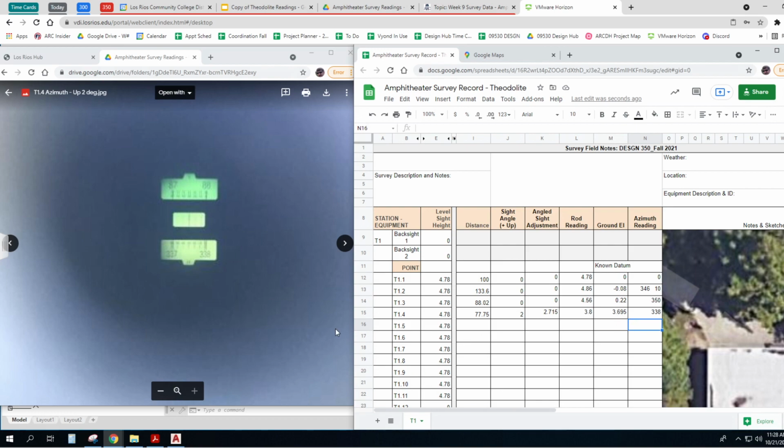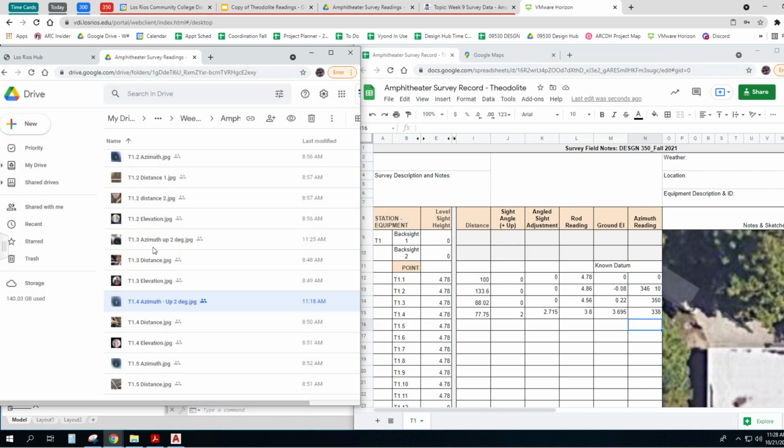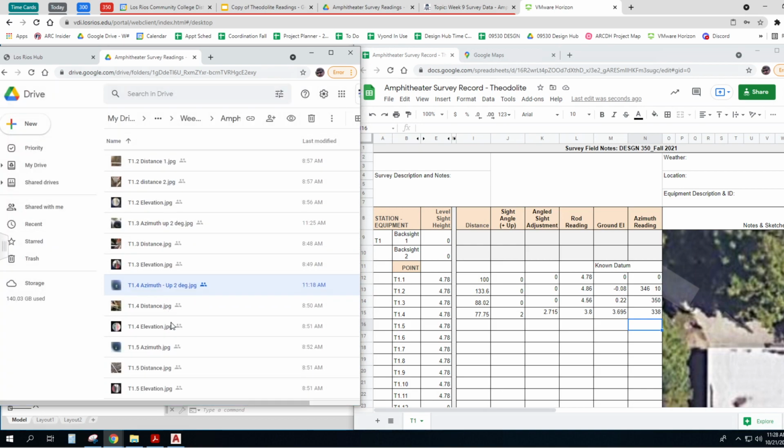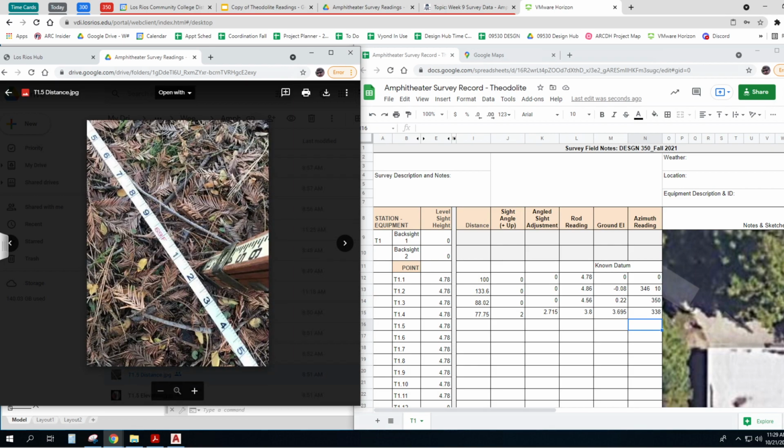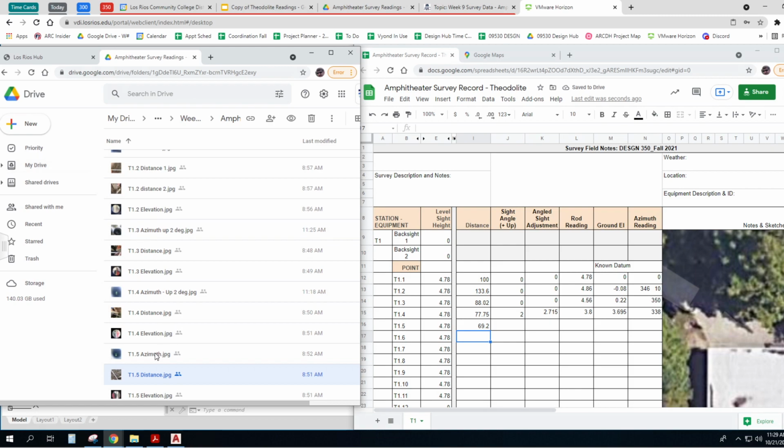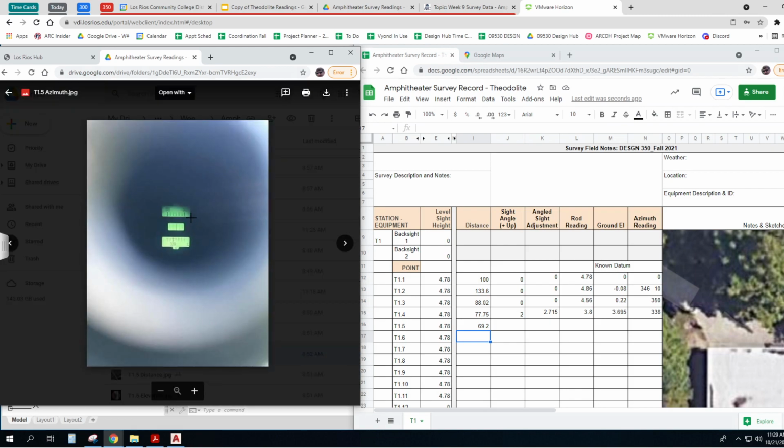Okay. And then our last one here. Let's get our distance. 69, really right on 69.2. That one was level also.